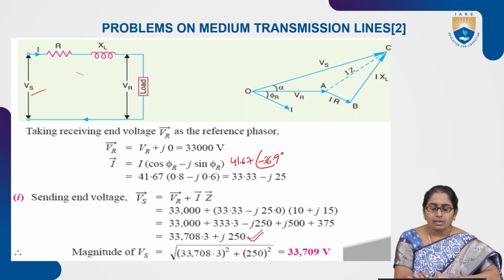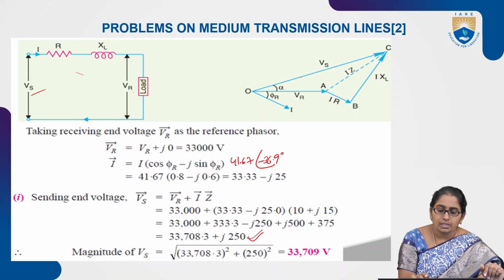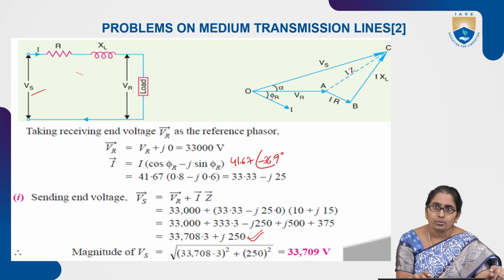To calculate the angle between this I and Vs, from this phasor diagram, it is phi r plus alpha. What is alpha? It is the angle between Vr and Vs. Phi r is already known, minus 36.9.